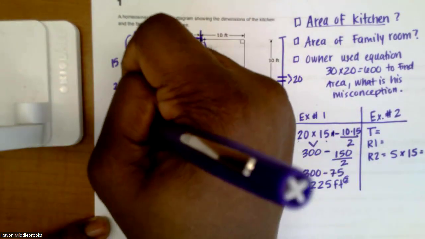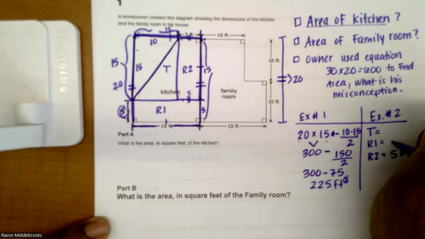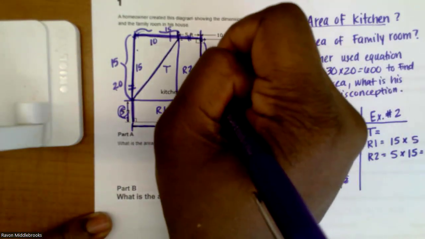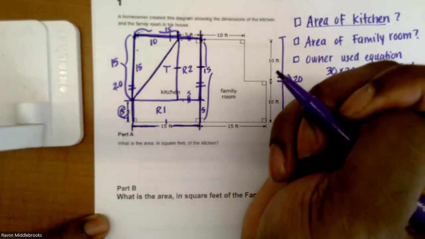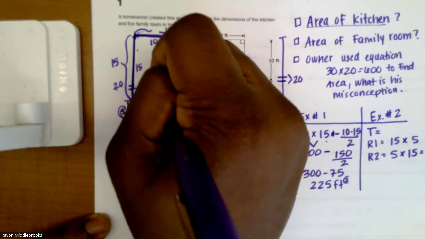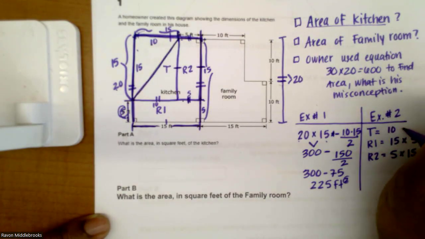Rectangle 1, I know the height, that's 5, and I know the base is 15. So the base is 15 times the height, which is 5. With the triangle, since this is 15, I know this is 15. And if this is 5 and all of this together is 15, then this is 10. So the base is 10. The height is 15.